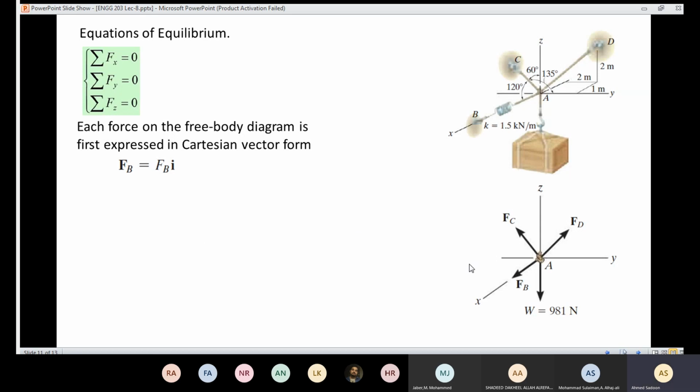Similarly, I'm going to express the vector W in Cartesian form. If you haven't noticed, regarding the W vector, I have only one component in Z. Then what should I do about it? As you might have guessed, the W vector equals the magnitude 981 followed by which letter? Is it i?